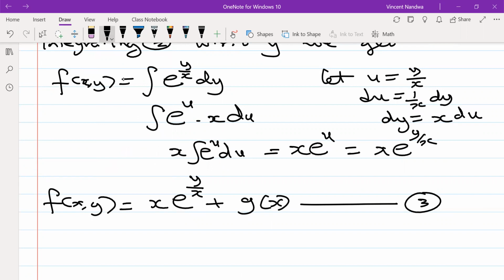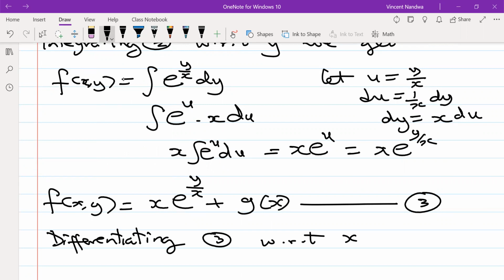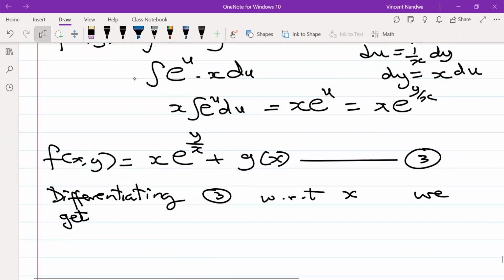So differentiating equation 3 with respect to x, we get partial f partial x equals to, now there we use the product rule.